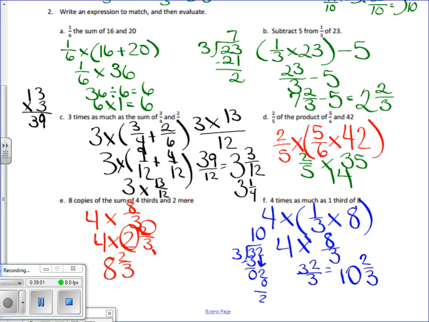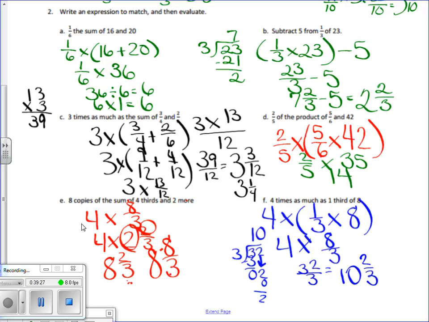So it should have been 8 and 8/3. That's how I got 10 and 2/3. Because when it's 8 and 2/3, that's not the right fraction.